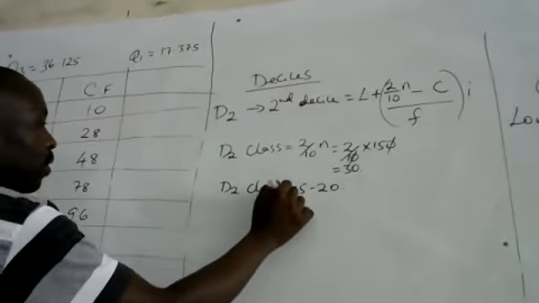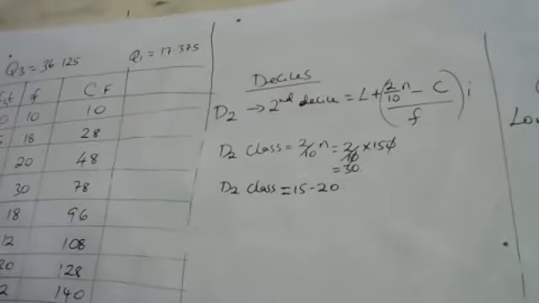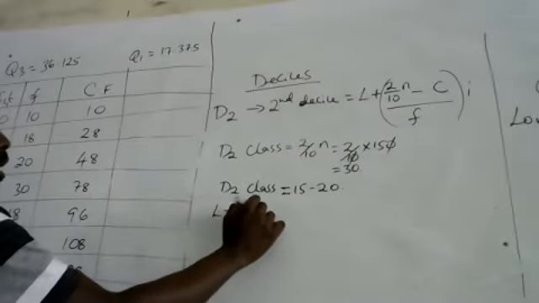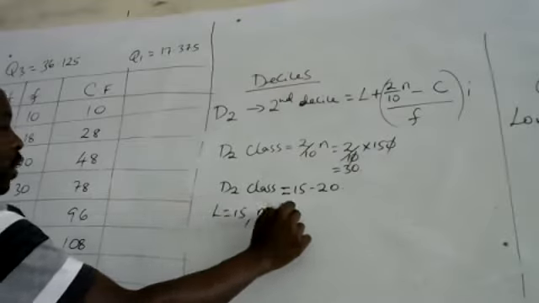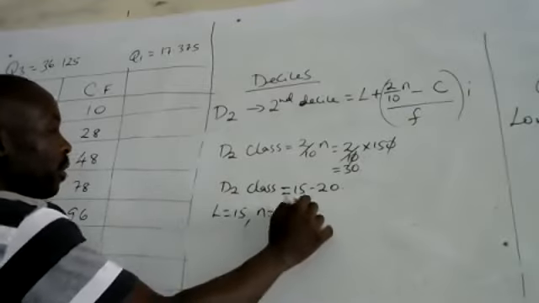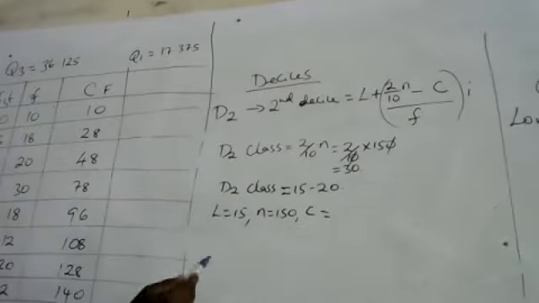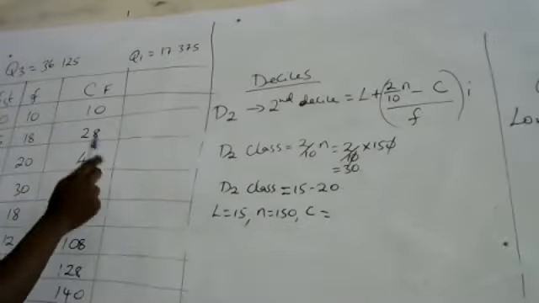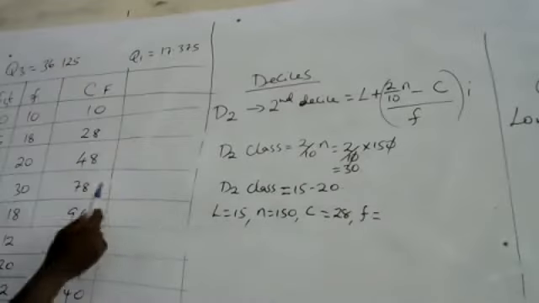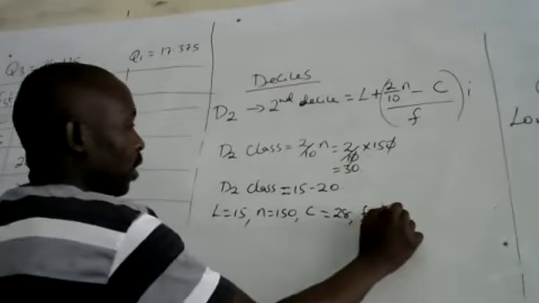Therefore, L is going to be 15. Our N we know is 150. Our C is going to be 28. Our F is going to be 20.